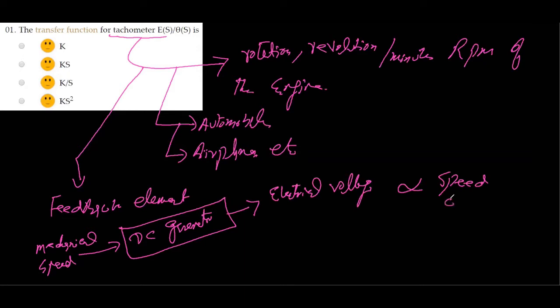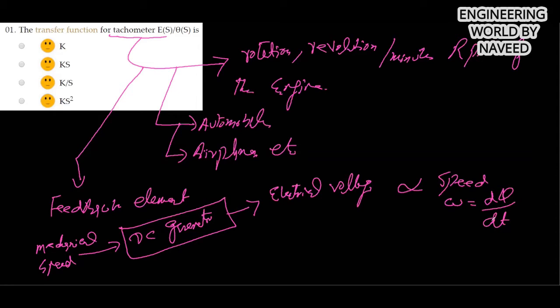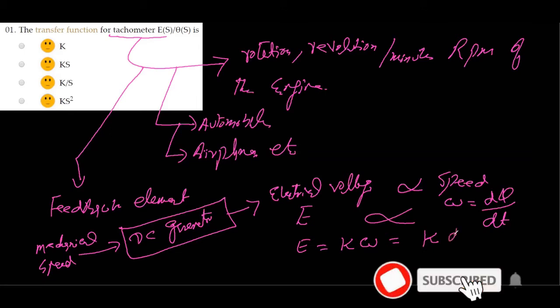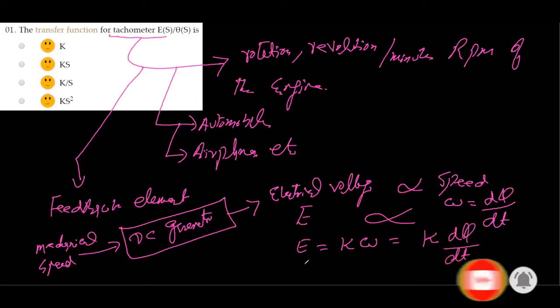So this will be omega, and omega is equal to d theta divided by dt. Let's say the electrical voltage is represented by E. So this E will be directly proportional to rotational speed. So E will be equal to K omega, where K is the constant of proportionality, and that will be equal to K d theta divided by dt. Let's convert it into the S domain.